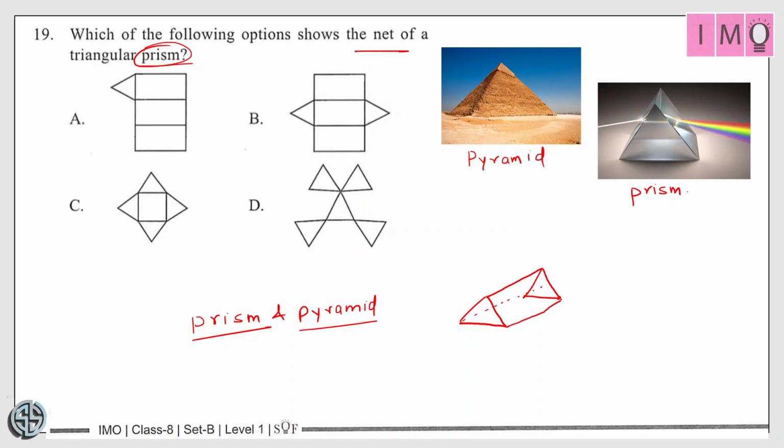You can see in this picture I have made, there are two triangular faces in this prism, yes or no? And there are three rectangular faces here. This is the triangular face, and just opposite in the back there will also be one triangle. And now these shapes are the rectangular shapes.